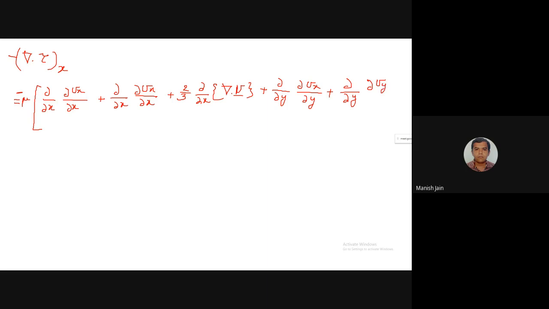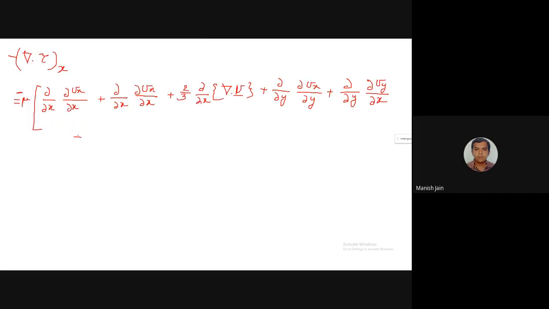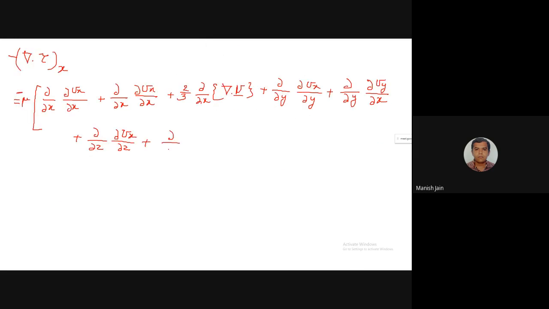Next term del by del z, del vx by del z, plus del by del z, del vz by del x. So this is the expansion.